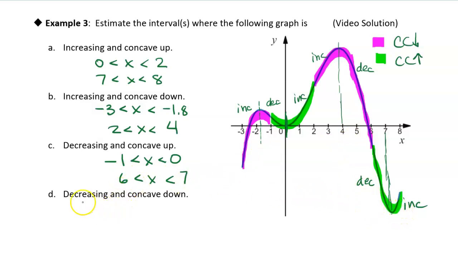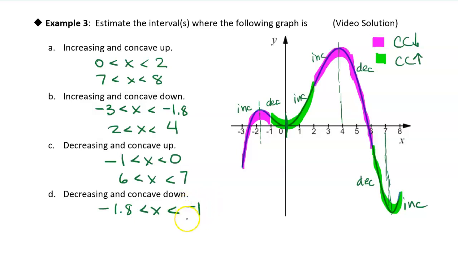Finally, we're looking for the places where the function is decreasing and concave down. Concave down is pink, and we want to find the portions of the pink highlighted areas that are also decreasing. The first one is from -1.8 to about -1.